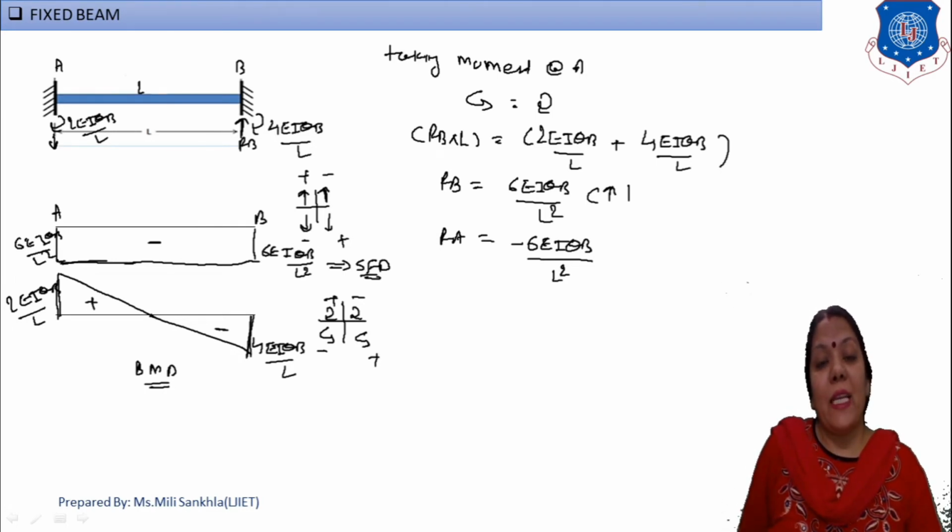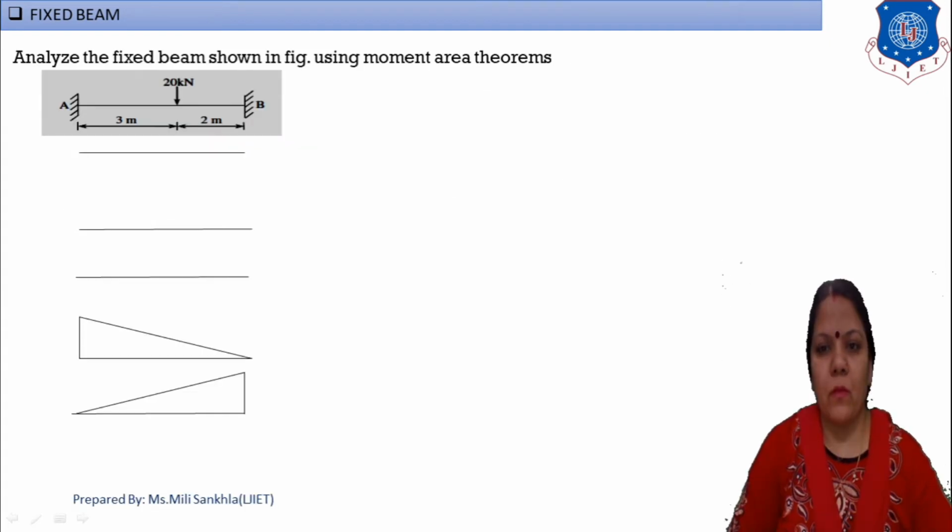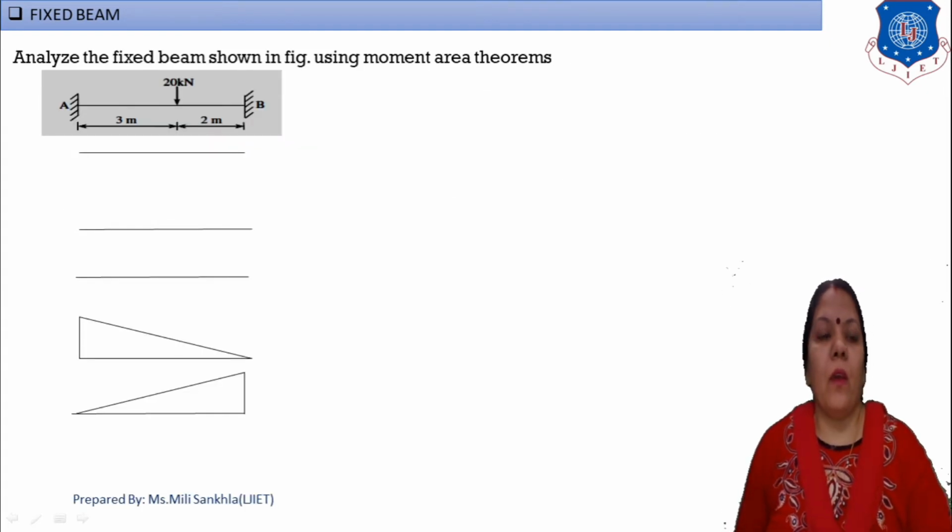Now next we solve our example of fixed beam. Our first example we start with the moment area method. First of all, read the given data and see which values we find.